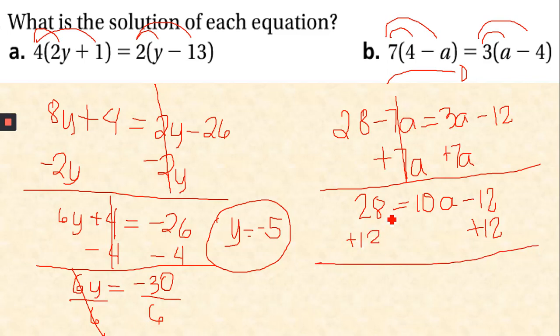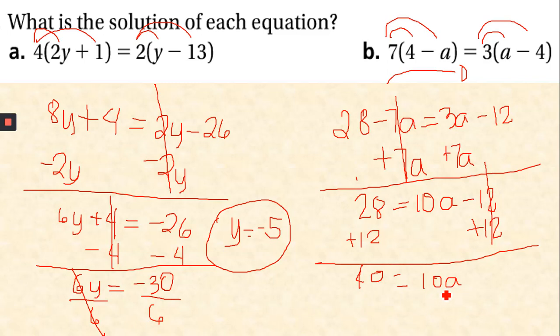So you now have 8 plus 2, that is 10. Carry 1. 1 plus 2 plus 1, that is 4. So you have 40 equals 10A. And then negative 12 plus 12, that will be 0.